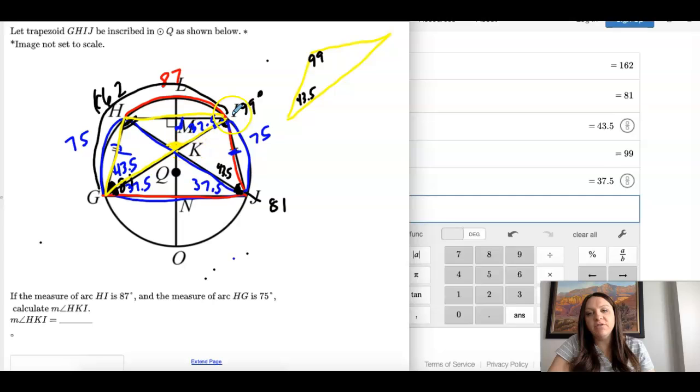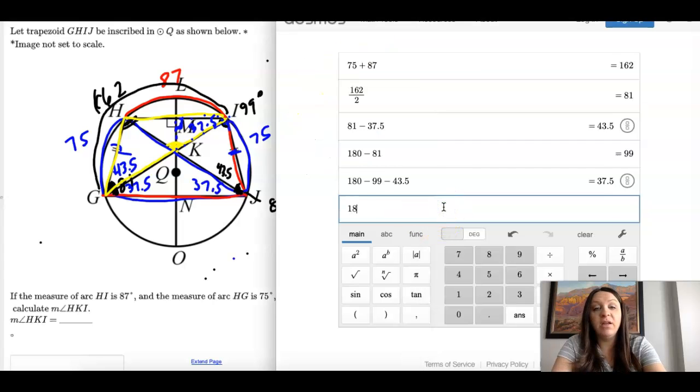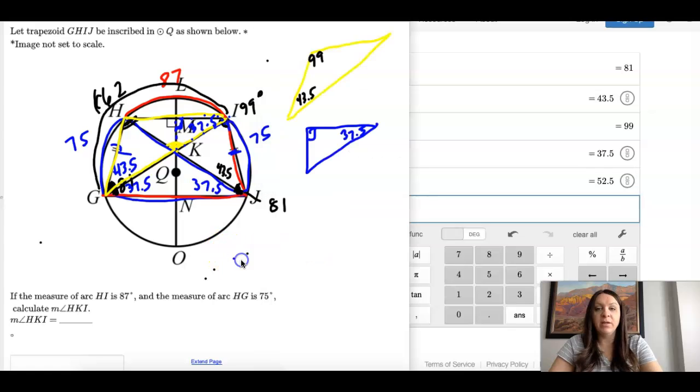So I have a right triangle there, right here, where I could figure out half of that angle. So I have a right triangle, that's 90, that's 37.5, and they have to add to 180. So 180 minus 90 minus 37.5.